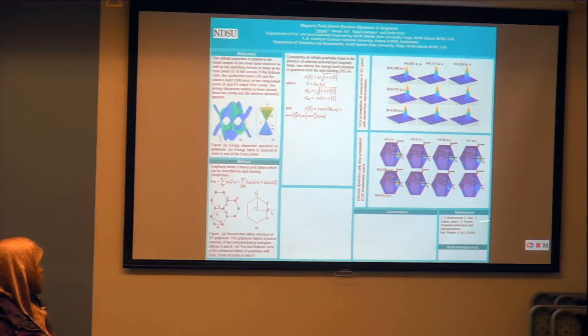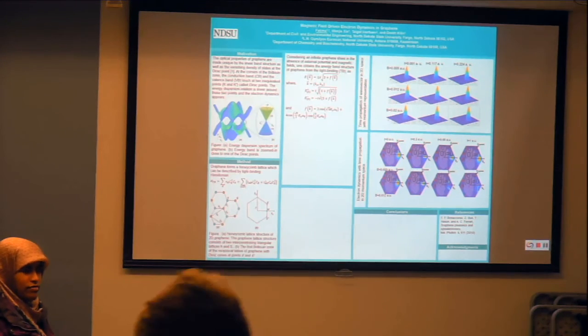But I'm not exactly sure how the graphene model is coming here. That was my question as well. About this question, you have everything on your poster.